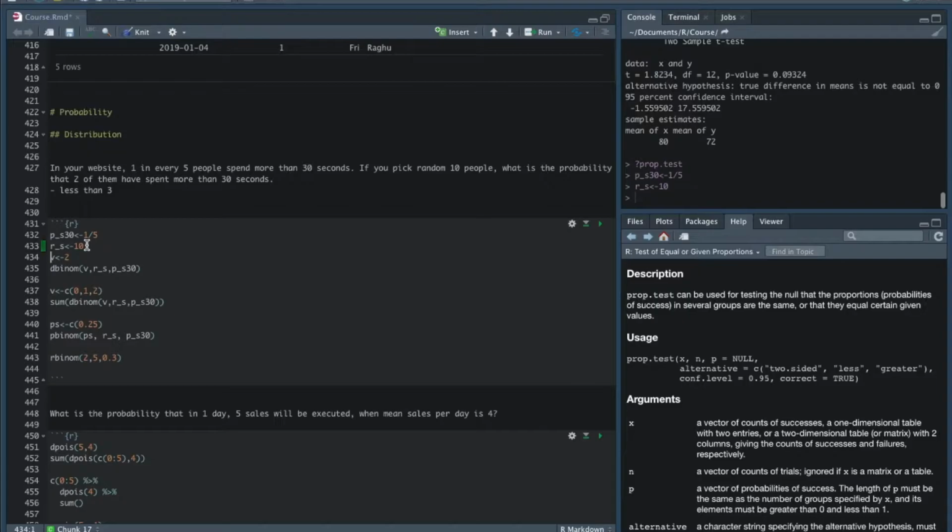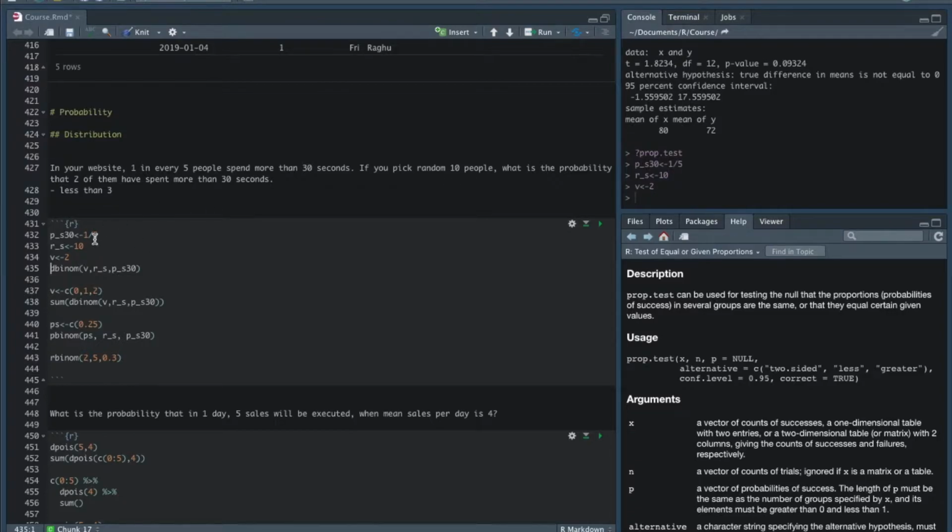We want to select 10 random people, so we define the size 10. And out of 10, what is the question? Out of 10, we want to see if two of them have spent more than 30 seconds. So the value here is 2.